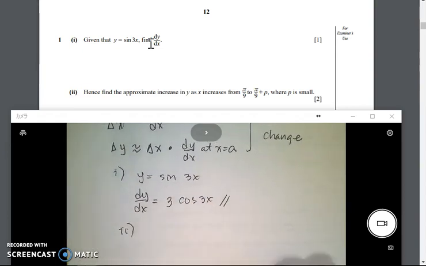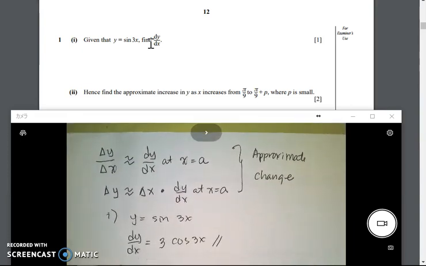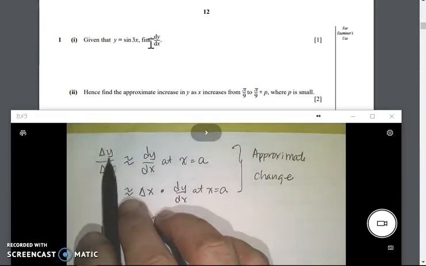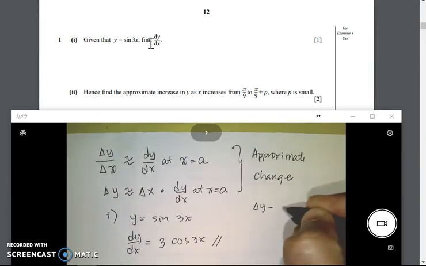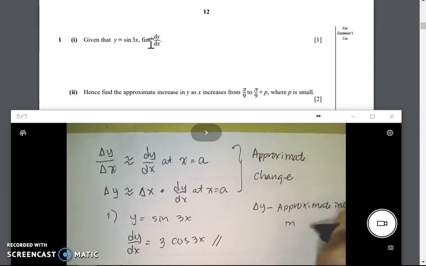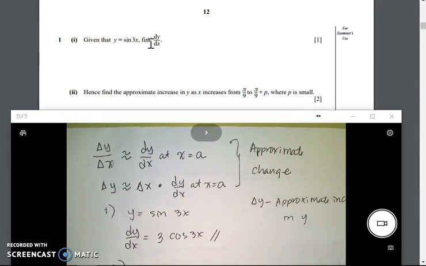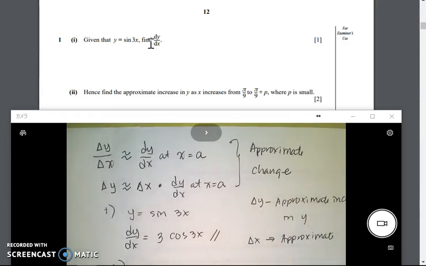Part 2 says, find the approximate increase in y. When you look at the language of the question, the approximate increase in y is that delta y. Sorry, let me correct myself.